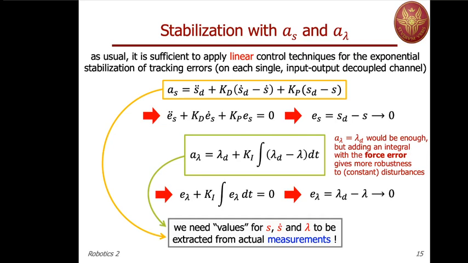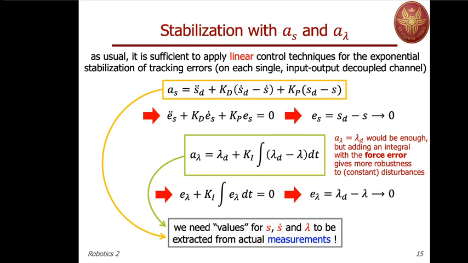Which are these measurements? Indeed, we assume that we measure the configuration Q by encoders. We can assume that we measure, although there's no direct sensor for that, also Q dot by a numerical differentiation of the very accurate encoders. And we have also a force torque sensor mounted at the end effector.